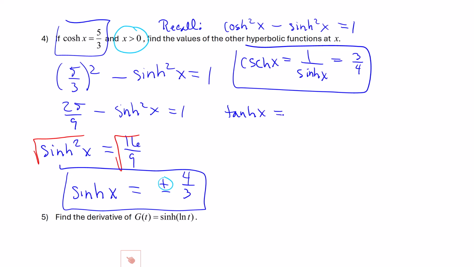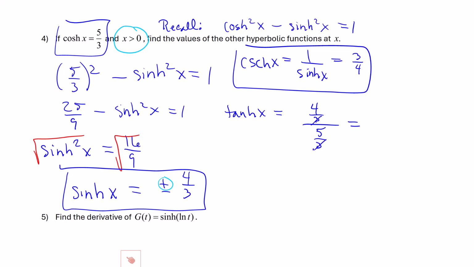Moving on, we also want to know what tangent hyperbolic of x would be. Remember, tangent hyperbolic of x would be sine over cosine, so sinh over cosh. Given the definition above, we know what those are now. Since sinh is positive 4/3, and cosh is given as positive 5/3, we can do some algebraic reduction on those.